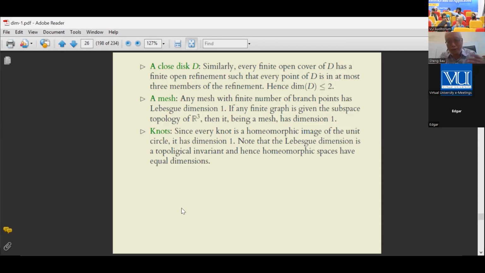Of course, the continuous mapping can be realized in three-dimensional space as a transformation. And these are all homeomorphic, a two-way bijective continuous mapping whose inverse is also continuous. So Lebesgue dimension, you can easily prove, is a topological invariant. Therefore, every knot has dimension 1.